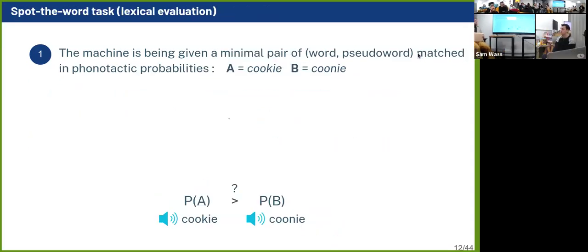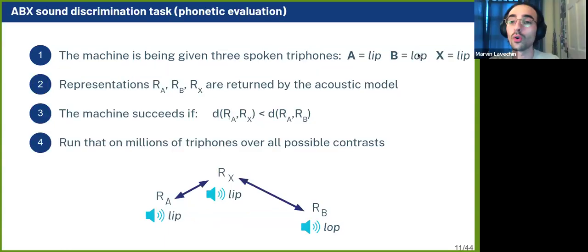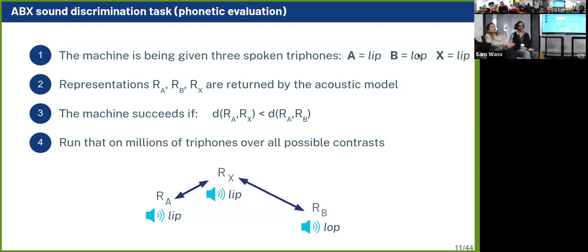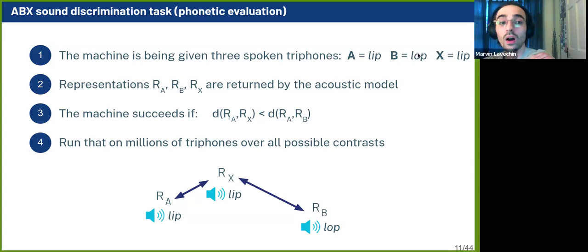Question. Sorry, what's the unit of that? What's the unit of distance? All right. That's a really precise technical question, but I think it's a super important question. So you can choose the distance, and it depends on the kind of representation you're working with.